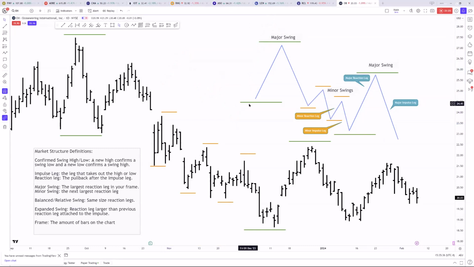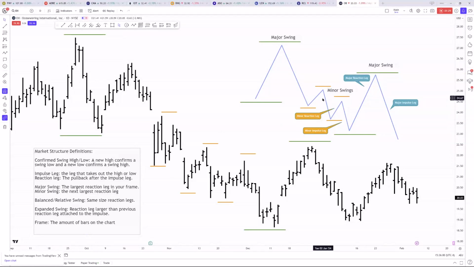So when we look at a swing, we can see that it has a process, and we can look at it in different pieces. Impulse, reaction, impulse, reaction. And then we can also see there's little swings within big swings. So we'll make a distinction of major and minor because they both have the same definitions. A new low will tell us that there's a swing.